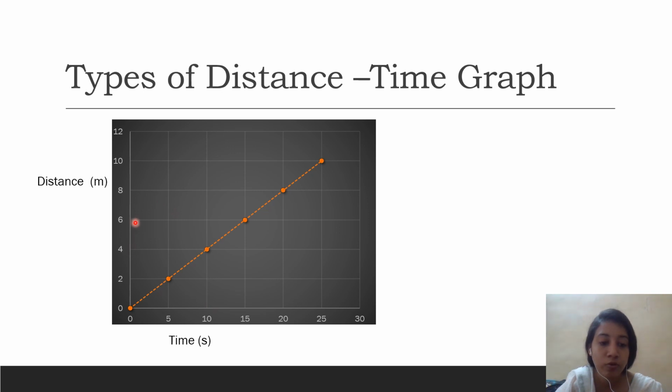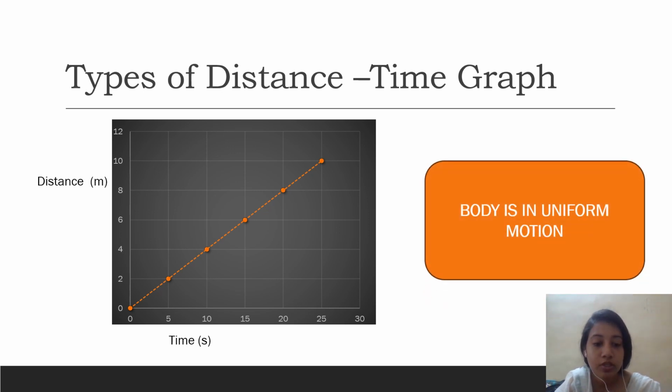Again 4 to 6, another 2 meter is covered during the next one, 10 to 15. So in every 5 seconds it is covering 2 meter distance. So we can say that it is covering equal distances in equal intervals of time. Therefore this is also known as a uniform motion.